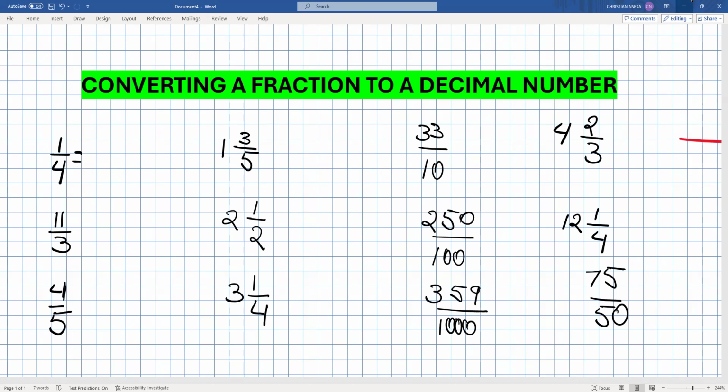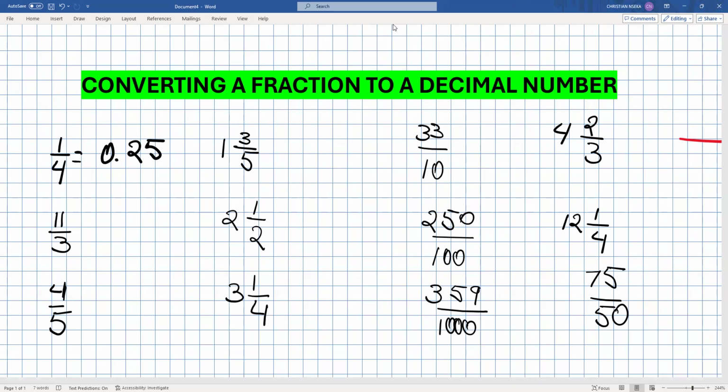Now, if the instruction tells you to round your answer to the second place after the decimal point, it means you will have to stop at the 100th place. In this case, 1 divided by 4, you will have 0.25.